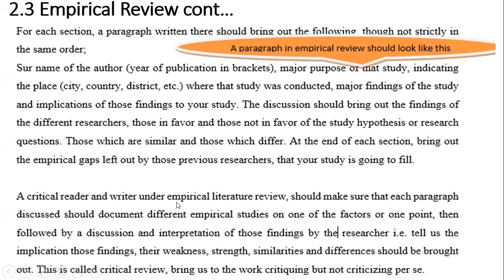We say the critical reader and writer under empirical review should make sure that each paragraph documents different empirical studies on one of the factors or one point, followed by discussion and interpretation of those findings by the researcher, telling us the implications of those findings, their weaknesses, their strengths, their similarities, and their differences. So this is what we call the critical review.